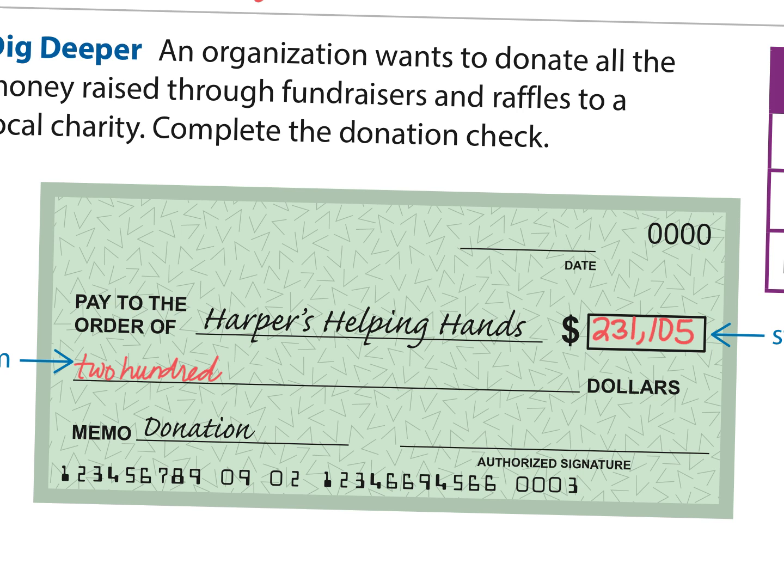If you started in print, start the rest of it in cursive. 231, comma, 105. And if you want to put the date and sign your name, you can, but you don't have to.